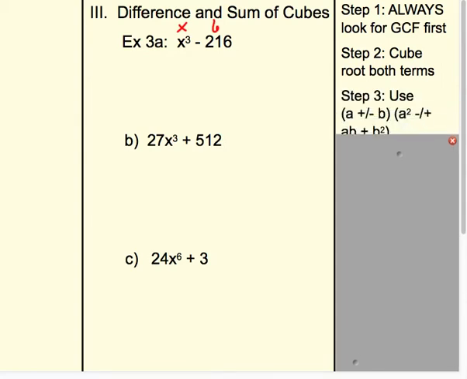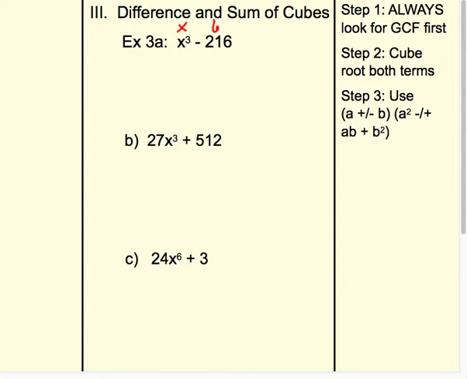And then we're going to use our formula. So factoring our first term, or our first set of terms, our binomial, is just x minus 6. Use the same sign that you're given with your perfect cubes. Second set of parentheses, your trinomial, you'll take your x and square it.